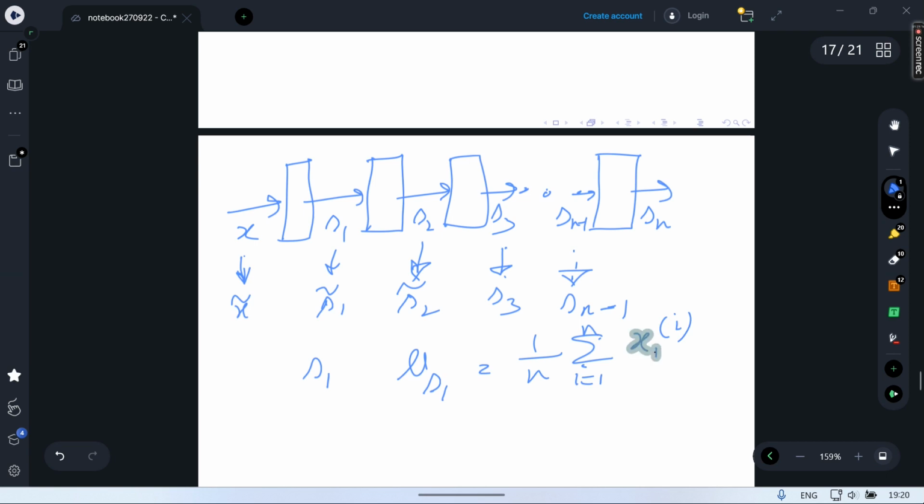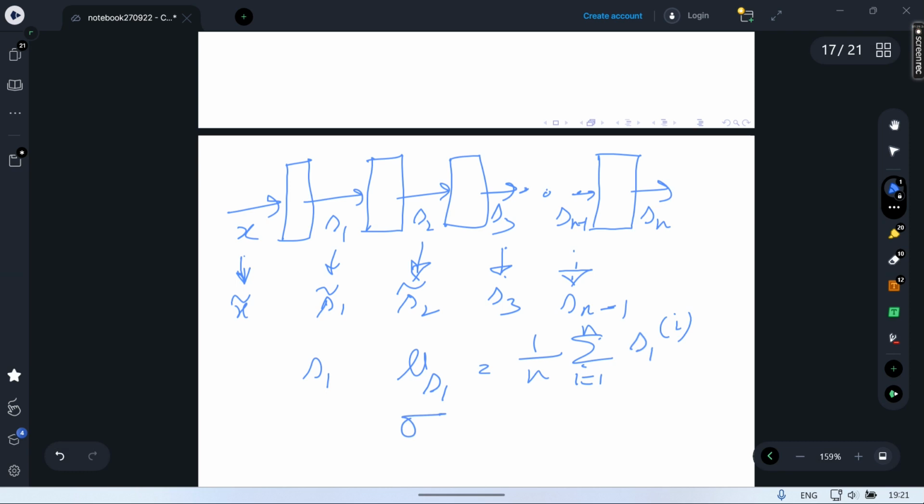So you calculate the intermediate value S1 for all training samples and then take the average; you will get the mean of S1.